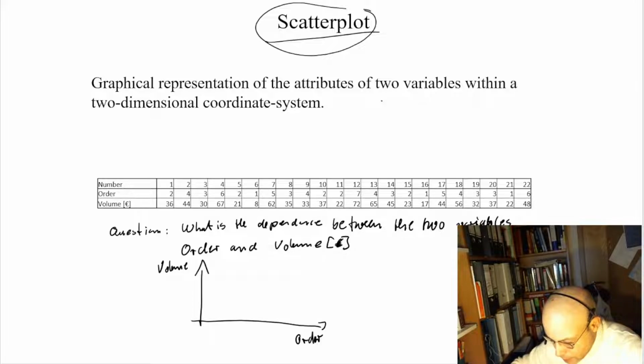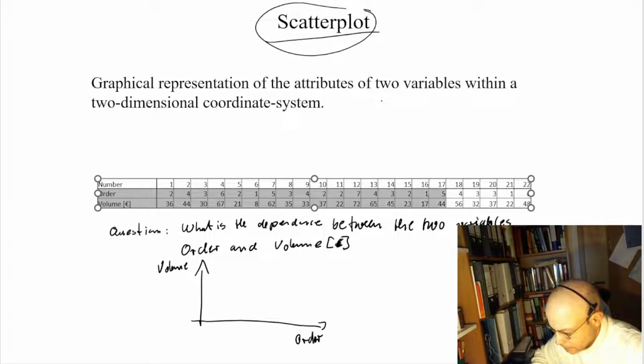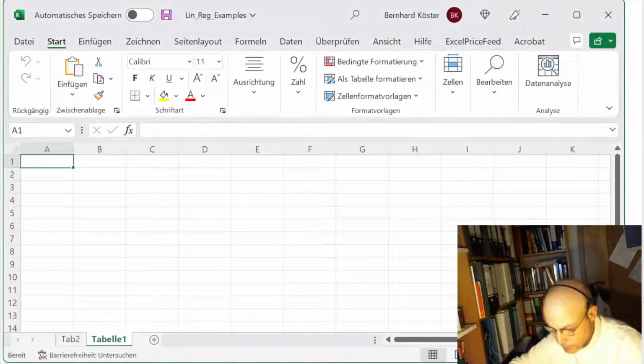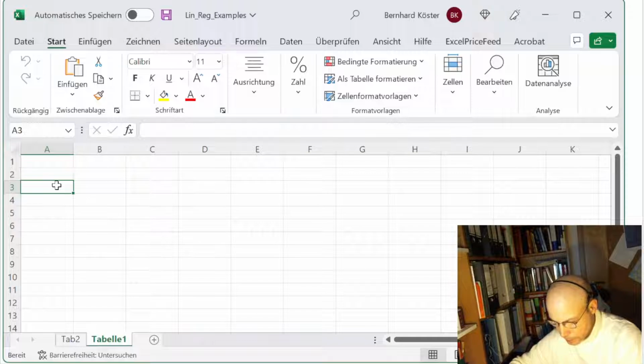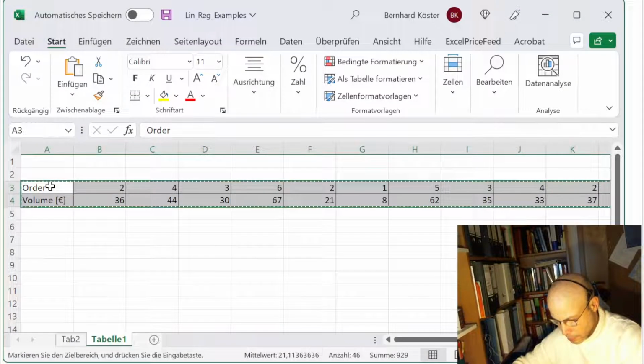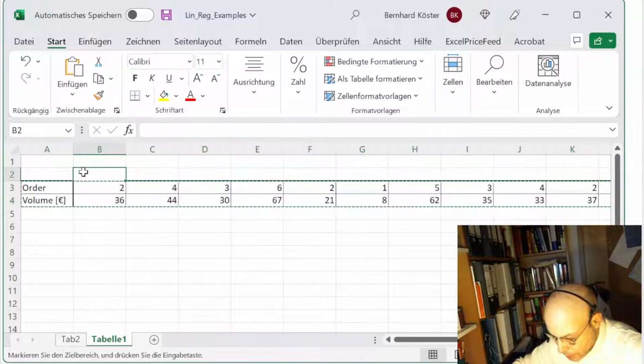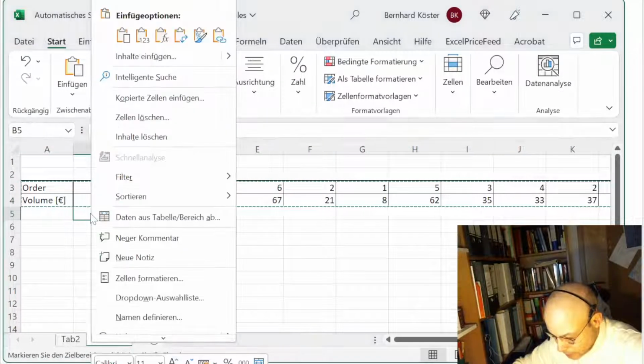And let's see how these two variables look like. Or let's, of course, put it in another way.